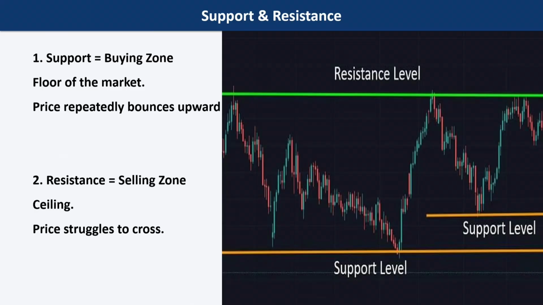Now let's understand one of the most important concepts in technical analysis: support and resistance. Whenever a stock price moves, it does not move continuously in one direction, right?